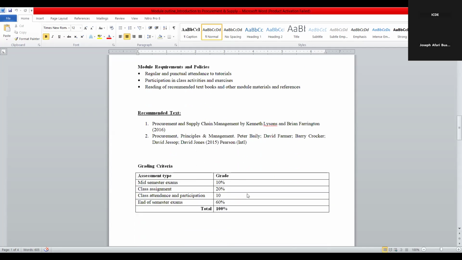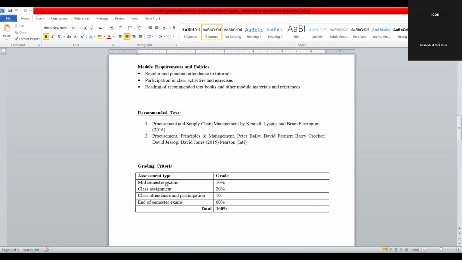I want to place much emphasis on grading criteria. So normally, this is how I grade students. For the interim assessment, the total mark is 40%.